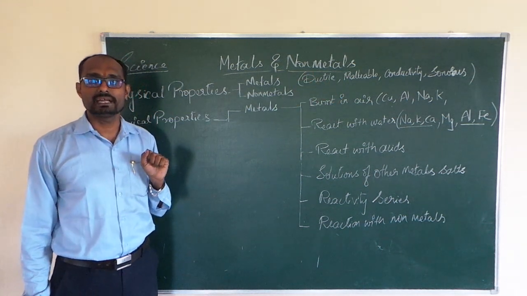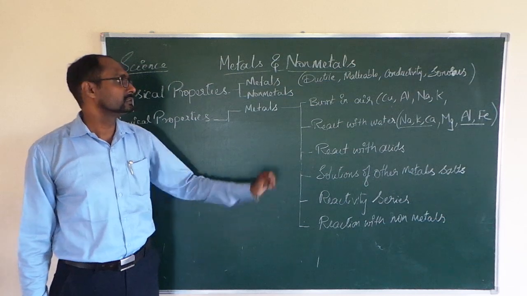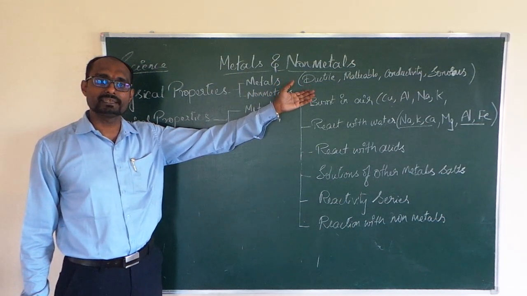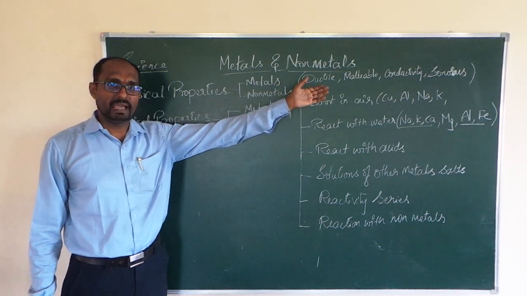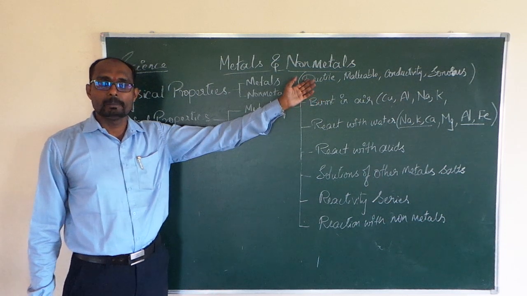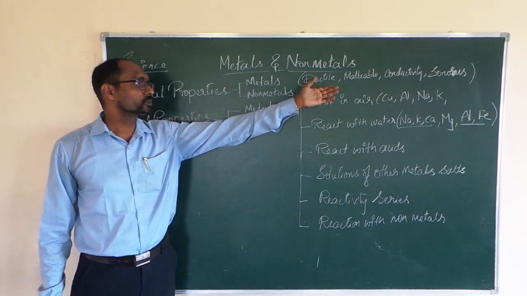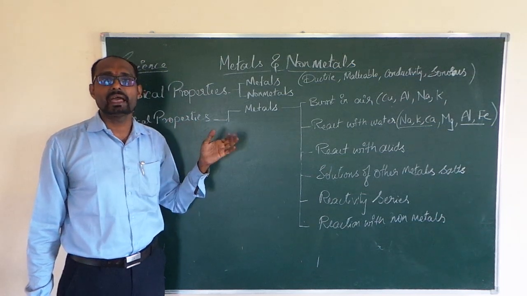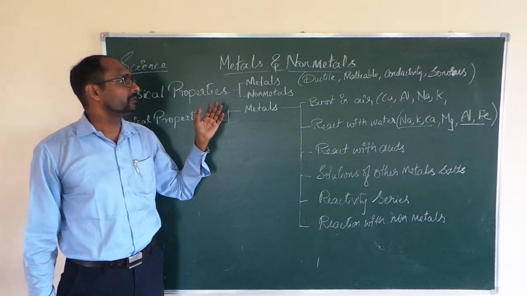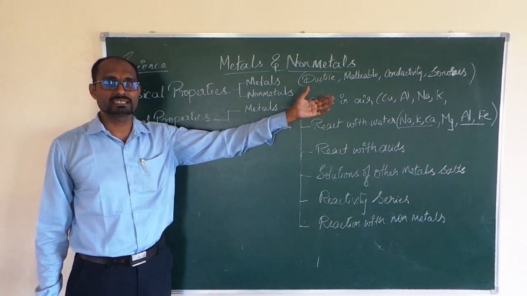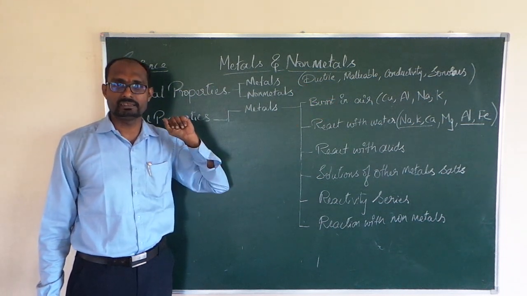Metals are ductile, that means they can be drawn into wires. Metals are malleable, that means they can be beaten into sheets. Metals have good conductivity, that means they can conduct electricity as well as heat energy. And metals are sonorous, that means they produce sound when they are struck hard with any material.